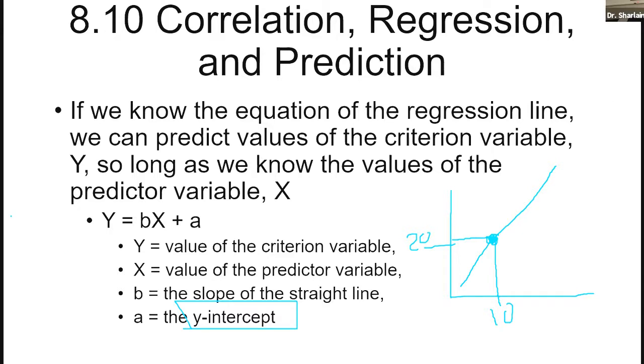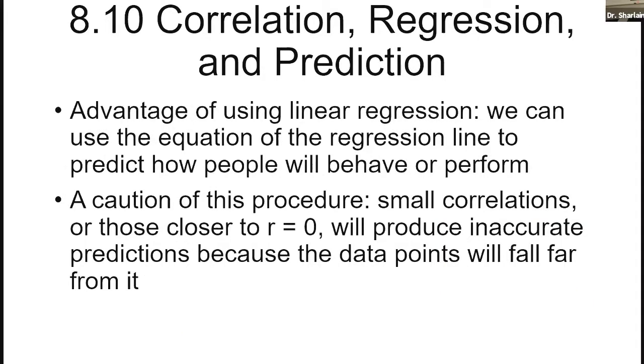Think about it as a coordinate, say for instance, in Battleship. It's a really good way to remember what the y-intercept is. The good thing is, if I am using a linear regression and I'm using this equation, I can predict. I can't predict how certain people may behave or may perform.